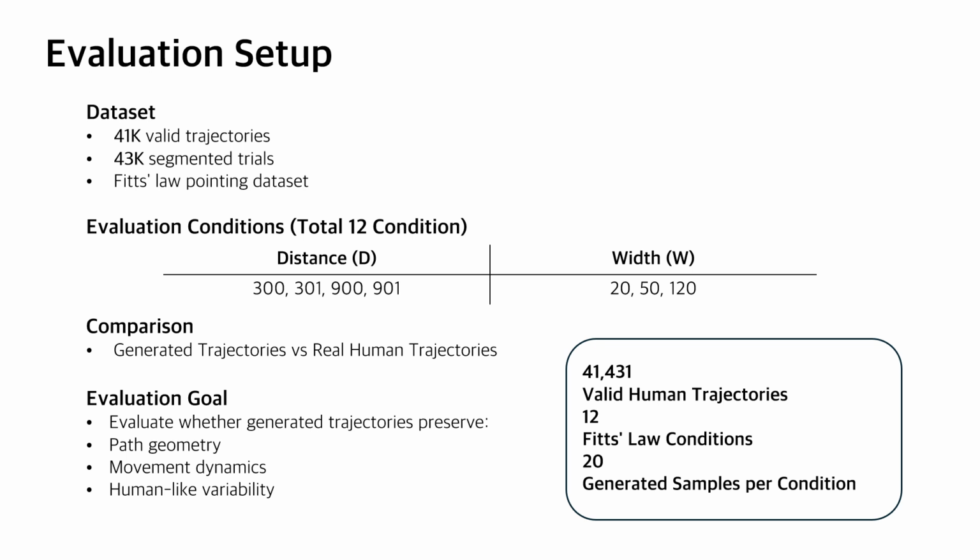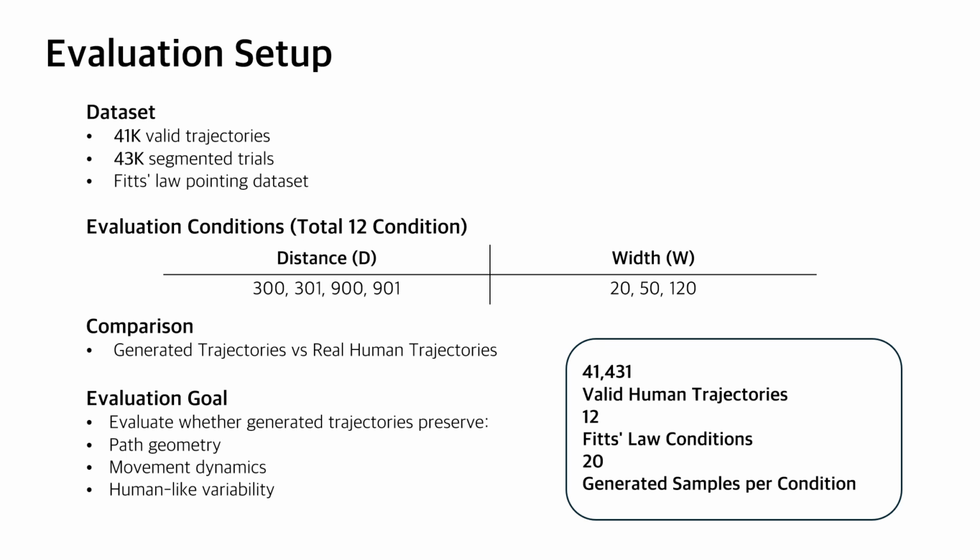So let's start the evaluation setup. To evaluate our model, we first reconstructed and cleaned the original dataset. The dataset was collected in my previous research, the dual mouse Fitts' law test.